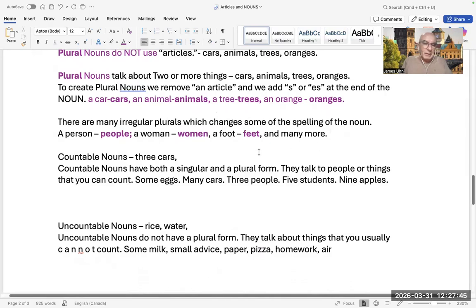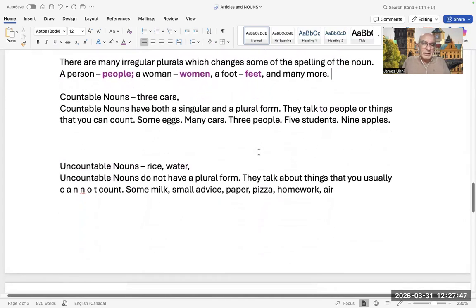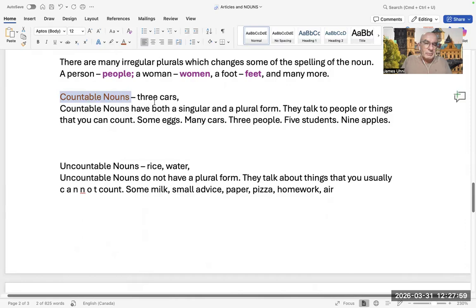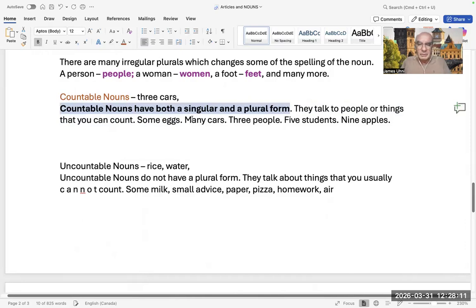Now, then there are countable nouns and uncountable nouns. So these guys, I will have to color in what color? Let me pick one and I will take brown. Countable nouns, 3 cars. Countable nouns have both a singular and plural form. Important.